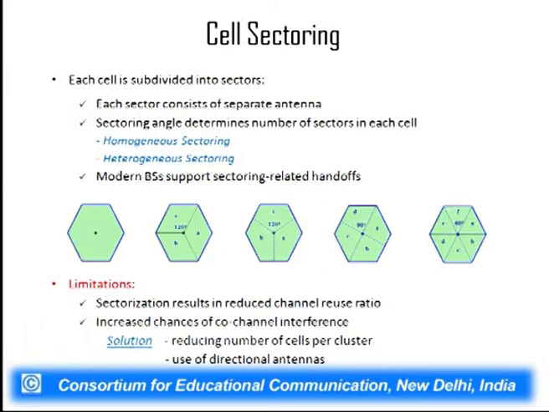So many modern day base stations support sectoring related handoffs. And the limitation we have here is that sectorization results in a reduced channel reuse ratio. Now the channel reuse ratio is hampered, which was previously not disturbed in the case of cell splitting.